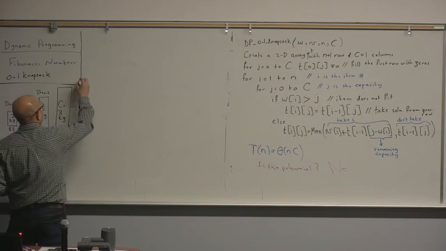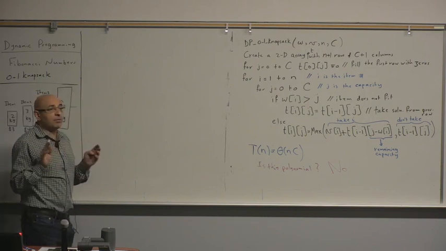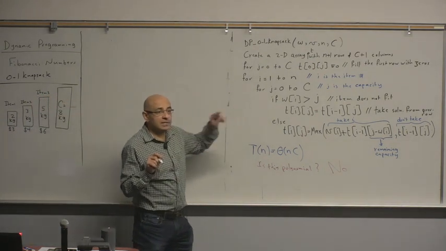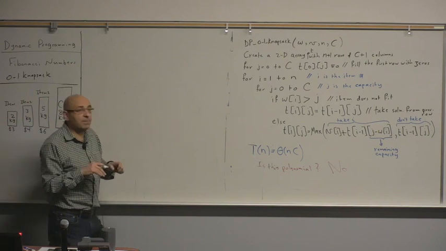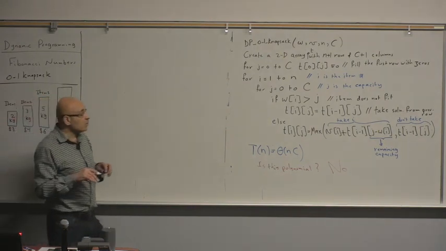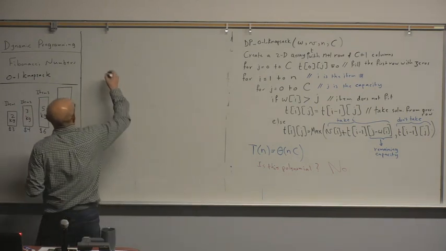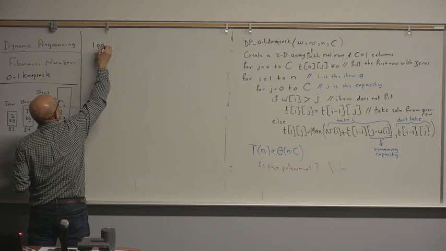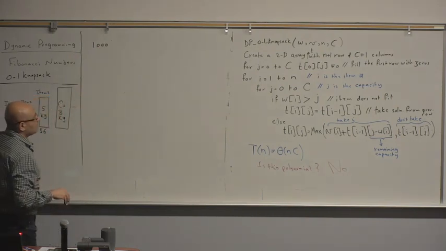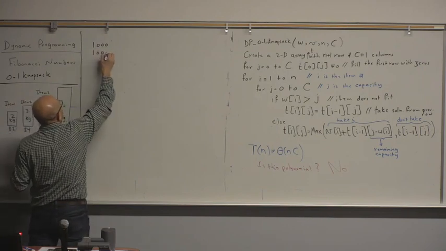What do I mean? Think of an input file that represents an instance of the 0-1 knapsack problem. That input file will have n, for example, 1,000, and C is probably 10,000.